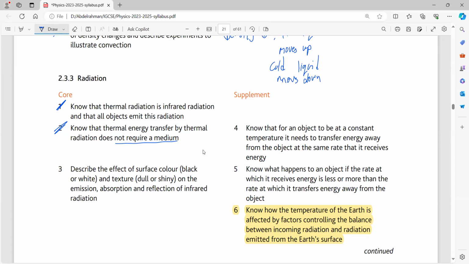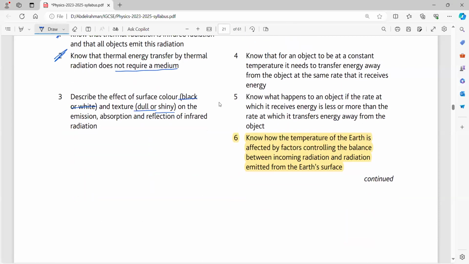Describe the effect of the surface if it's black or white, and if it's dull or shiny. Definitely, we know that dull black is the best emitter and best absorber.